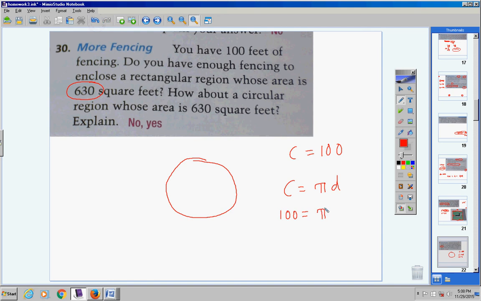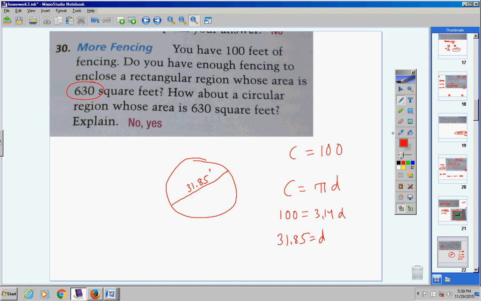Pi, I'm going to put 3.14, times d. Now divide both sides by 3.14, and I'm going to get 31.85. That's my diameter, so all the way across the entire circle. That line is 31.85 feet. Okay? Now let's find the area and see if it's 630 square feet.